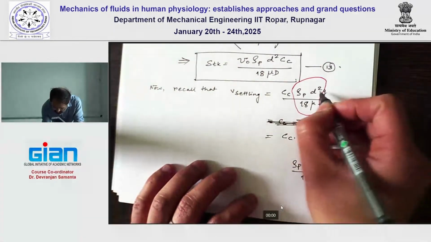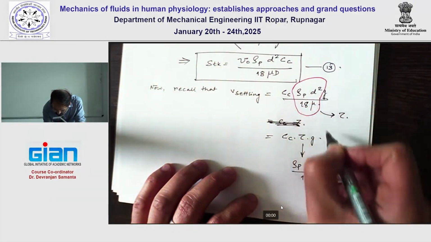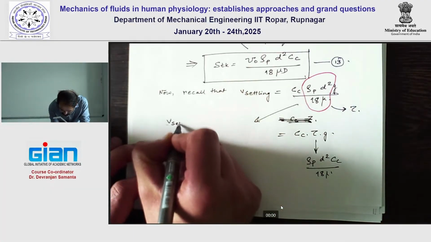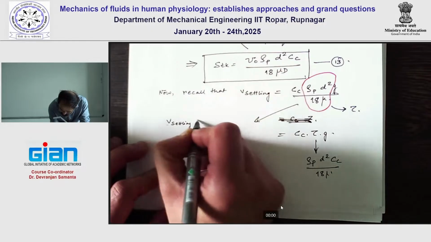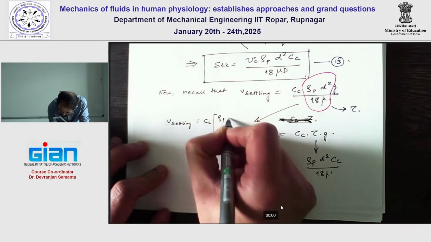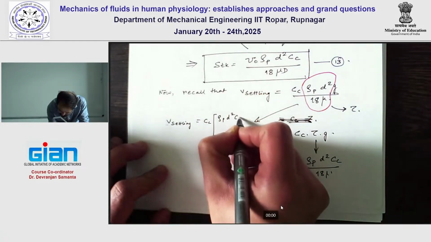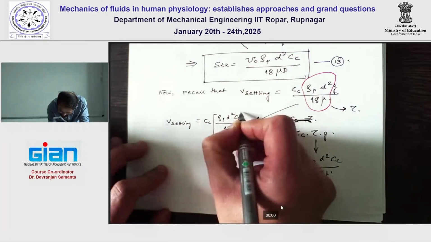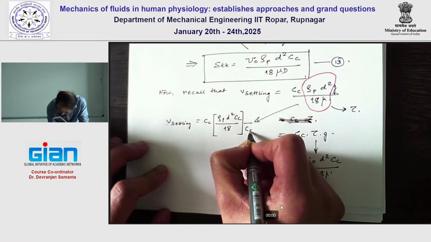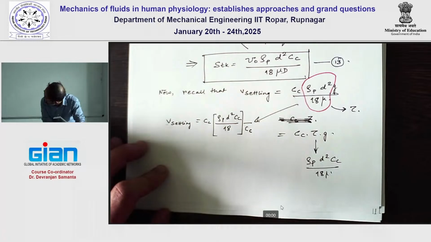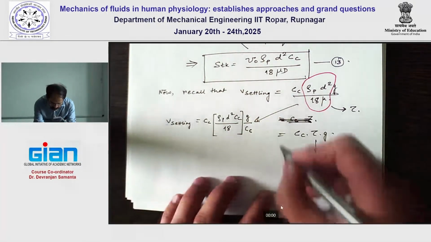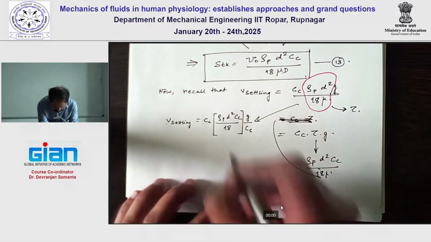So if this is this, then let's write it as V settling is Cc. We are going to bring the tau part here, d squared Cc by 18 mu. But for that additional Cc that we bring in for the tau, we have to add a correction 1 over Cc times g. And there should be a mu in the denominator.